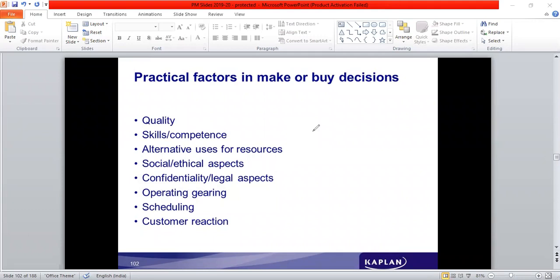Gearing is the proportion of cost between variable costs and fixed costs.